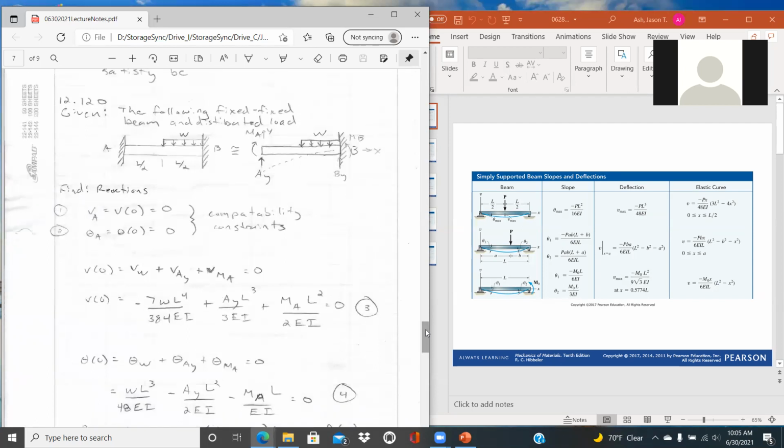And so looking at that, V, the displacement is going to be 0 based on that combination of the displacement at X equal to 0 due to the distributed load plus the displacement due to the load AY plus the displacement caused by that moment at A. And so this is, again, principle of superposition that we're using.